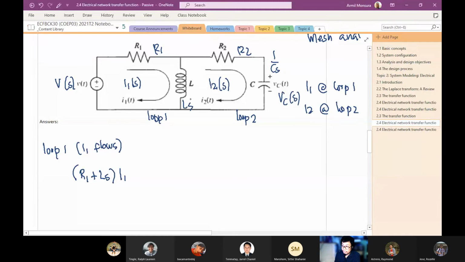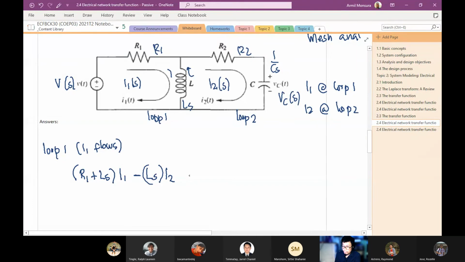So, yung impedance na yun is itong LS na to, kasi parehong dadaanan niya ng I1 at saka ng I2. Yun yung sabi natin common impedance between I1 and I2. So, that common impedance is LS, and that LS would carry a negative sign, kasi nga ito na yung positive.